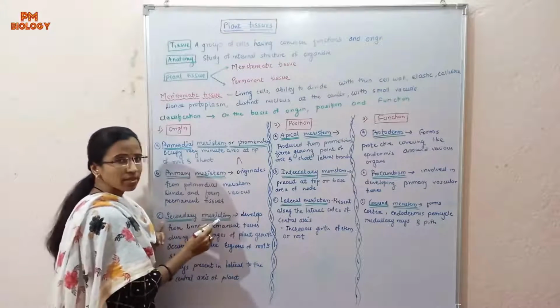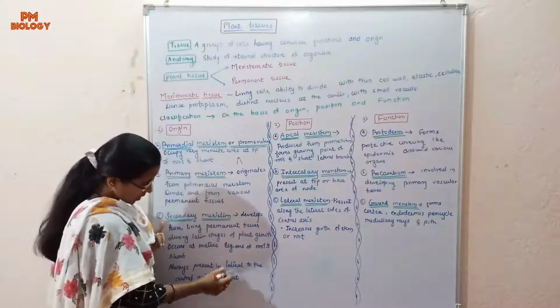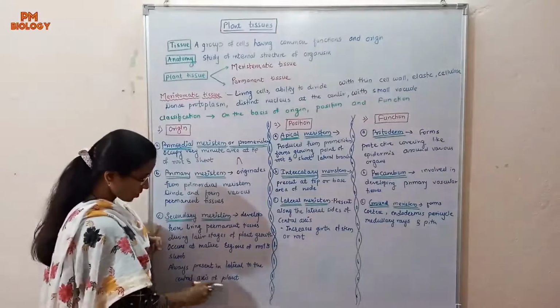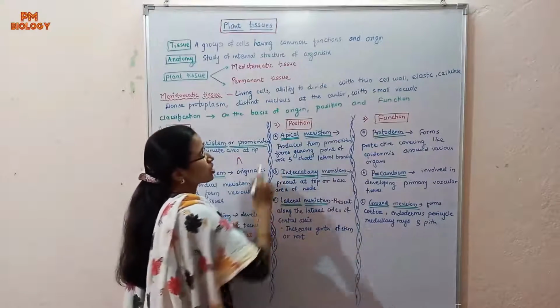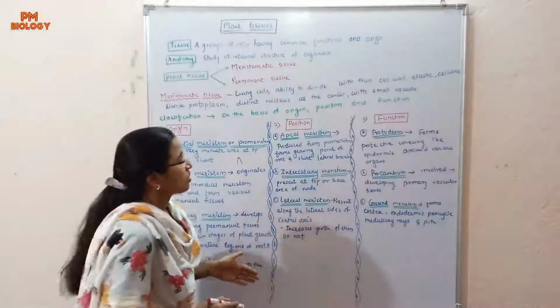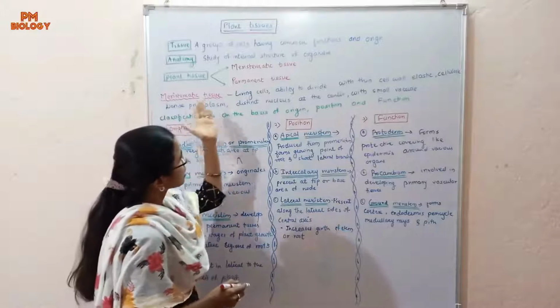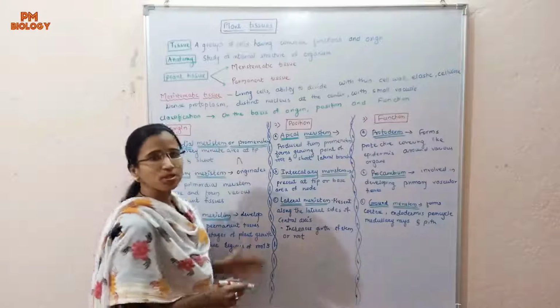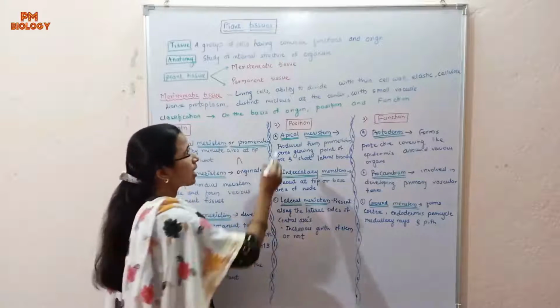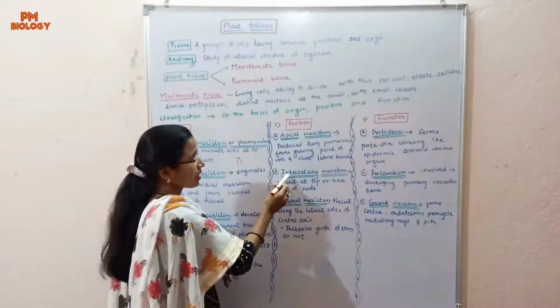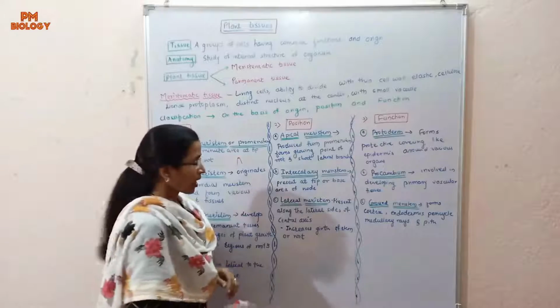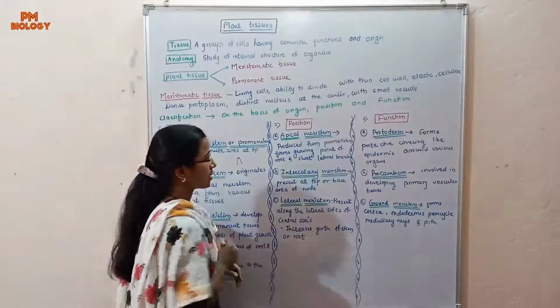Then secondary meristem, these are present at the lateral parts of the plant. Now, coming to the position wise classification. When they are classified on the basis of their position, they are of three types. One is apical meristem, second is intercalary meristem, and third is lateral meristem.